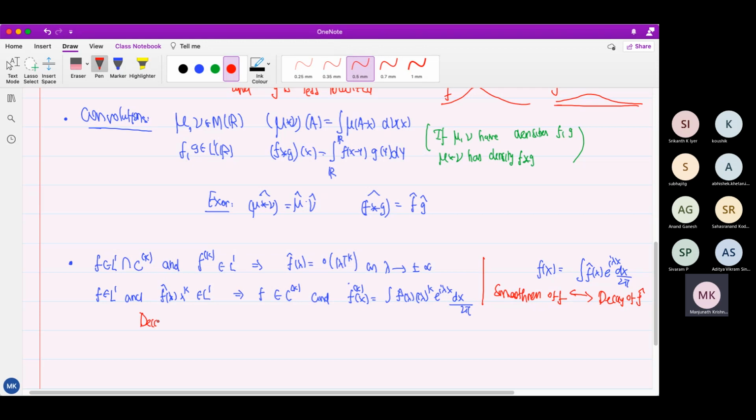You can also talk about decay of f and smoothness of f hat. Why? For exactly the same reason, because of the inversion formula. Suppose f decays fast.